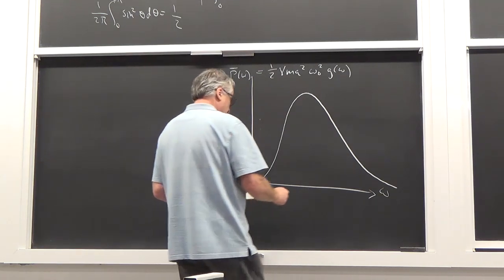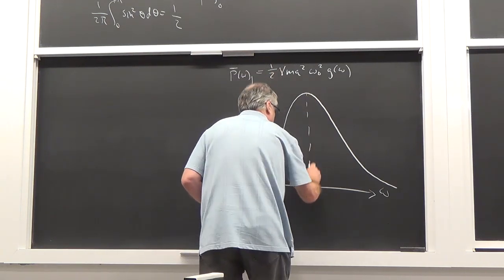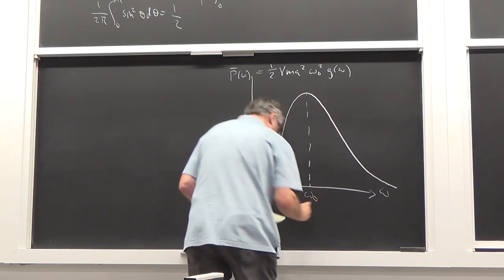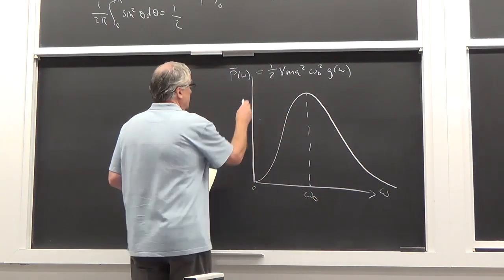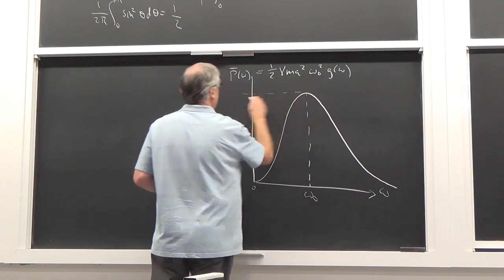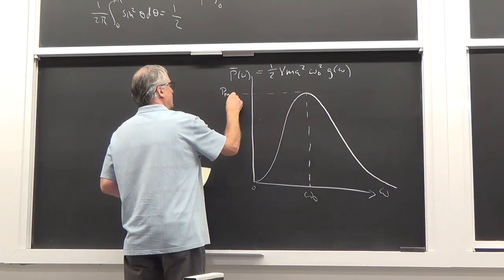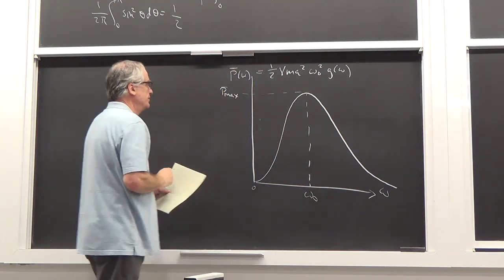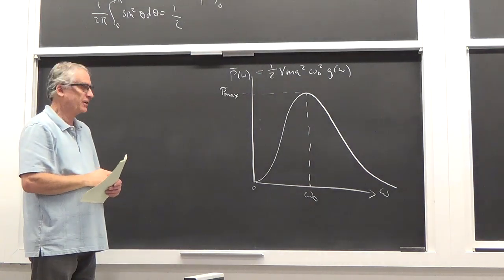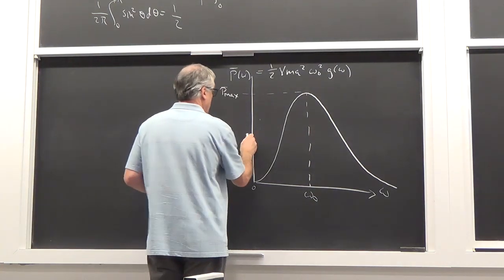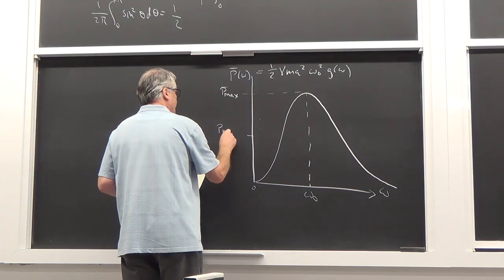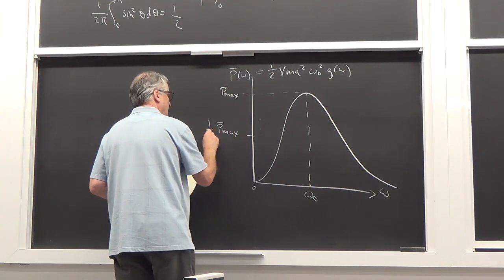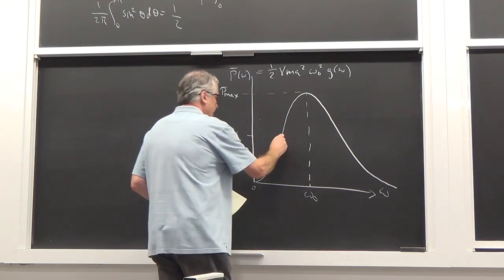The peak we derived is at omega naught. So this is P max as a function. So that's at omega max, at omega naught, it's the maximum. It is half of P max at these points.